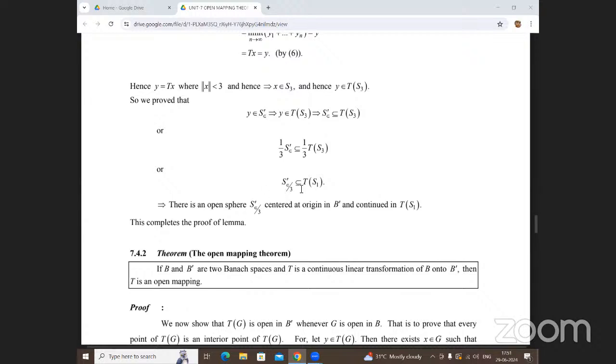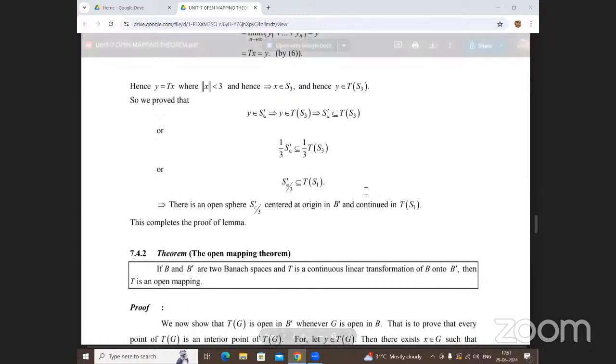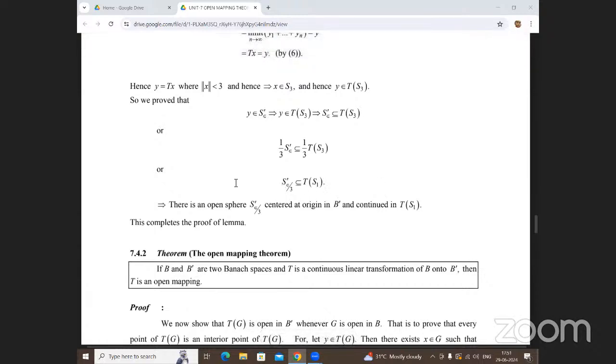So S epsilon by 3 centered at the origin is the open sphere in the image of the Banach space, and it is also contained in T of S1. Now this is a very peculiar theorem. This lemma completely depends upon the open mapping theorem. Students, don't deviate here.